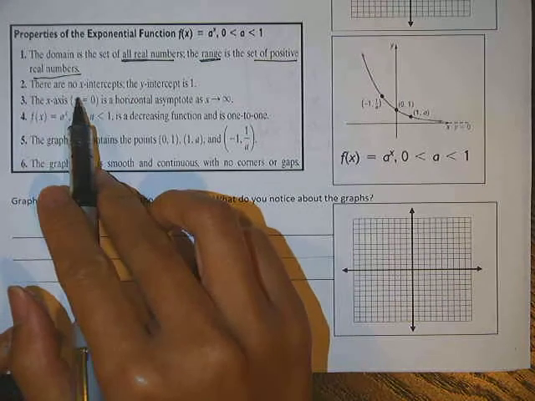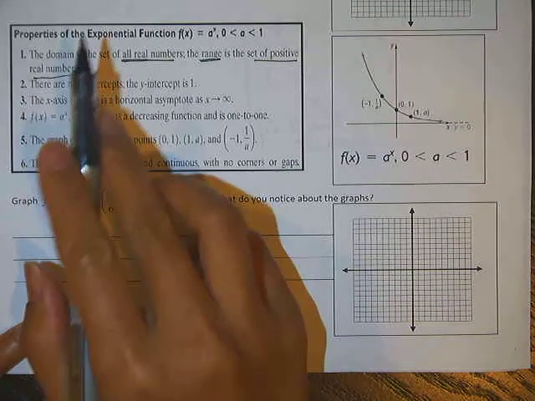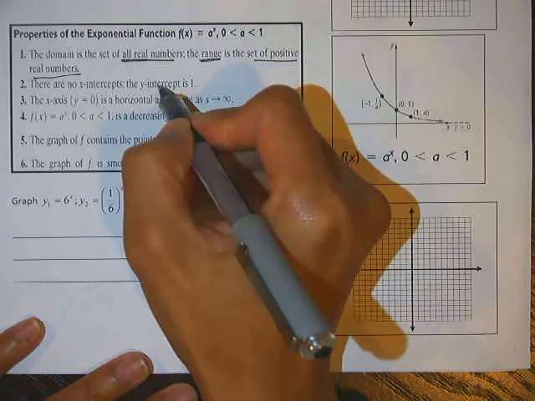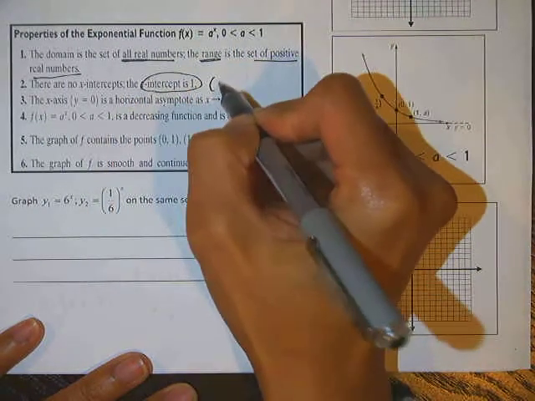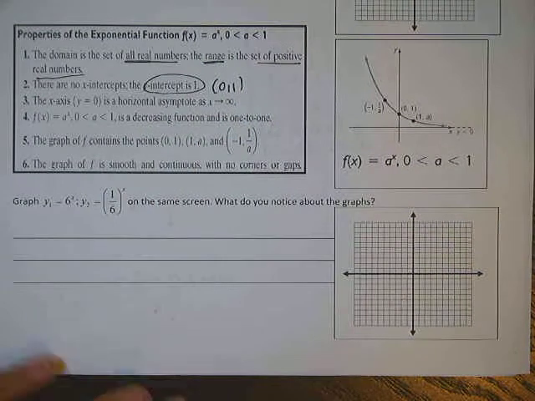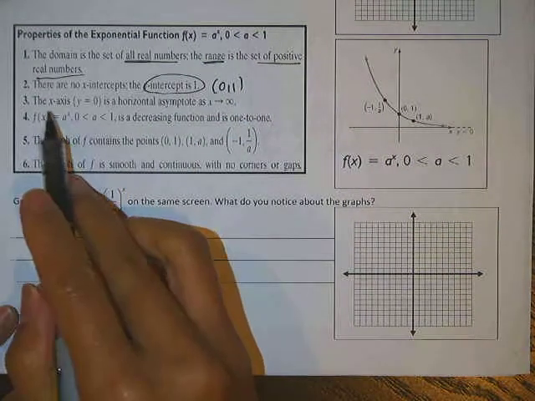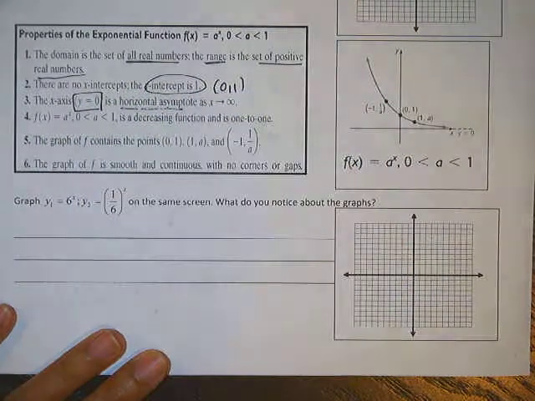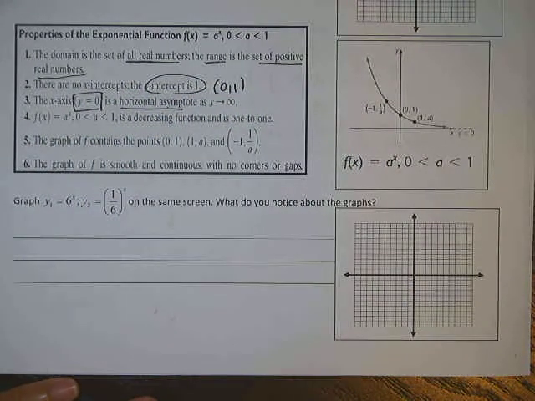There is no x-intercept, just like when a is greater than 1. The y-intercept is still (0, 1), so that point doesn't change. The horizontal asymptote is still y equals 0. So the first three things have not changed.